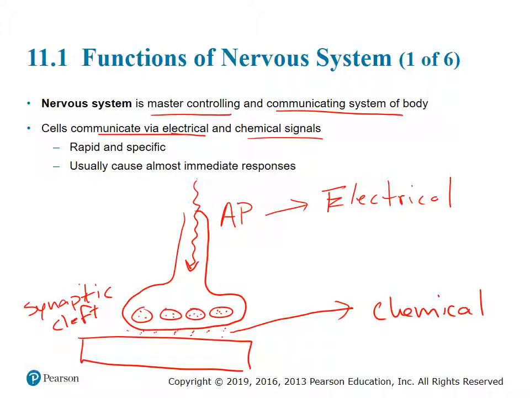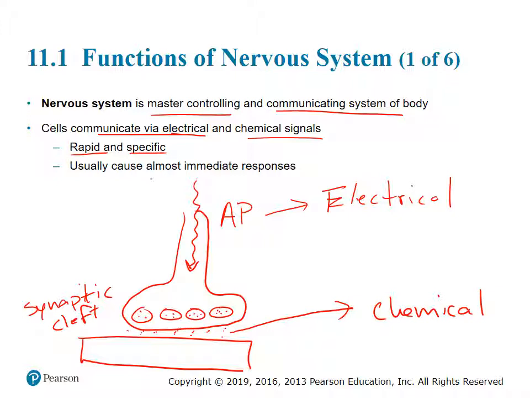Because that signal told those calcium channels to open, which then told the synaptic vesicles to go to the end and release their product, which are the chemical signals for the muscle. So both of these are used by the neuron for communication and control, right? Rapid and specific.